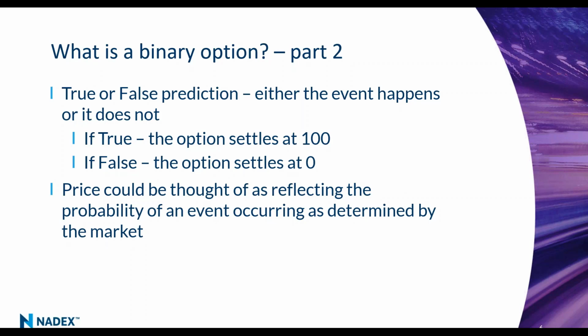So, for instance, if oil were trading right at $28 a barrel, and we were looking at the oil finishing above 28 binary, there's a 50-50 chance that it will finish above $28 a barrel. The price of oil could go up or it could go down. At that moment in time, the binary option will probably be priced right around 50.